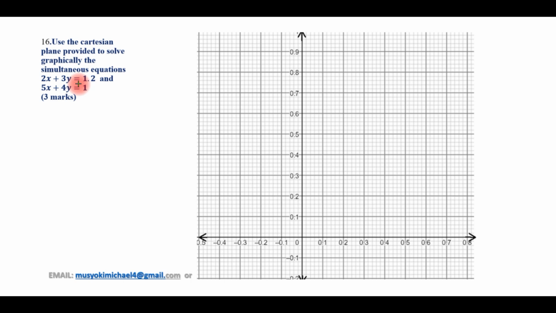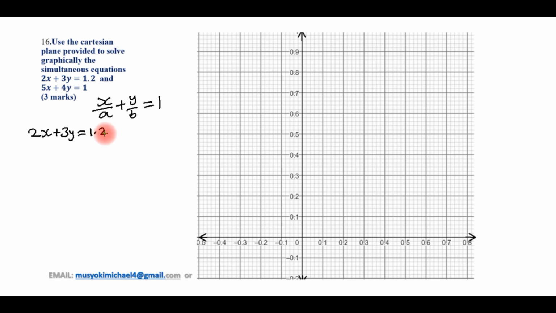We are already given the scale, so we make use of the scale. And the easiest way to plot this, I'll just express these two equations in the form of x over a plus y over b is equal to 1, whereby a is the x-intercept, b is the y-intercept. So let me begin with the first one, which is 2x plus 3y is equal to 1.2.